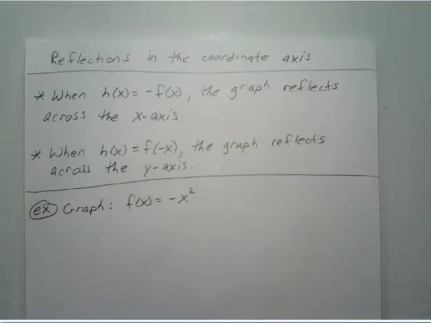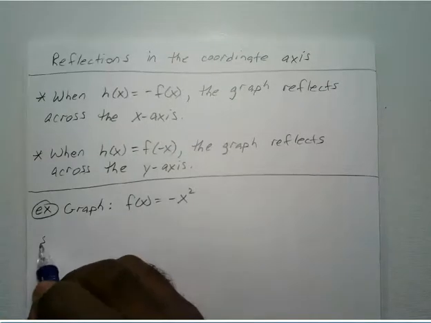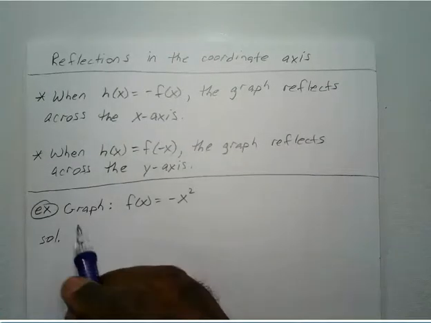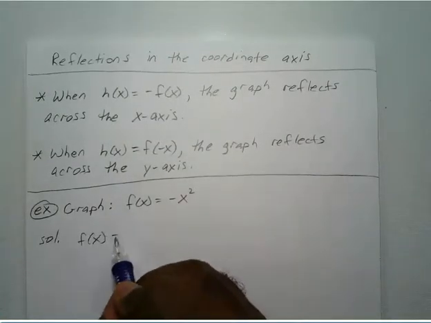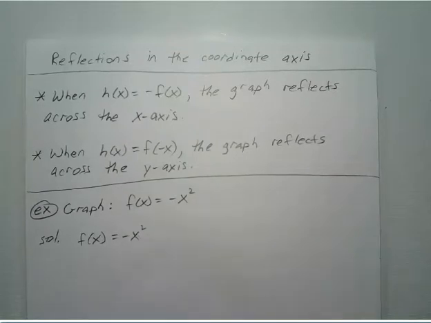The first thing we're going to do is find our parent function, which should be pretty obvious on this one, but we'll go through the process anyway. So we have f of x equals -x squared.